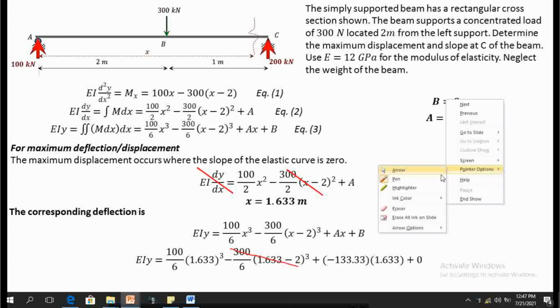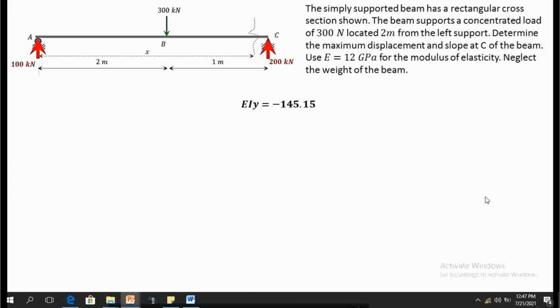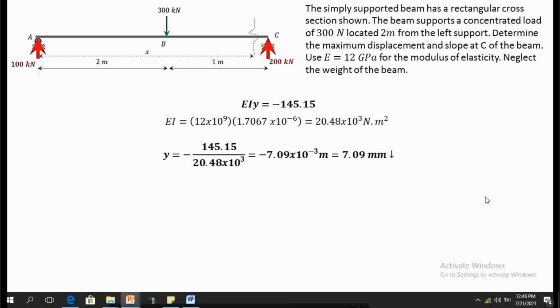Now, if you're going to input these values in your calculator, my EIY is equal to negative 145.15. Again, this is not yet my final answer. Ang hinahanap ko dito ay si Y, hindi si EIY. So, going further, EIY is negative 145.15. And, nasolve na natin kanina si EI, that is equal to 20.48 times 10 raised to 3 Newton meter squared.